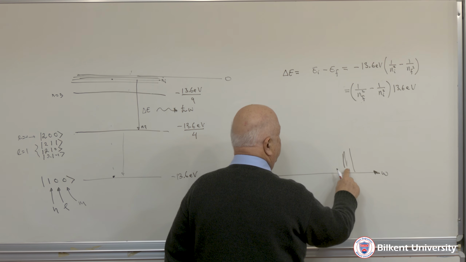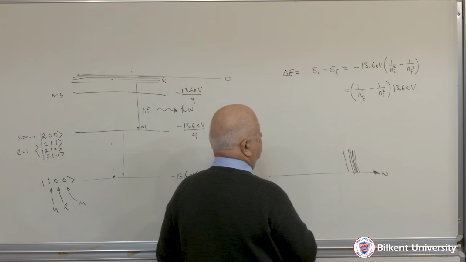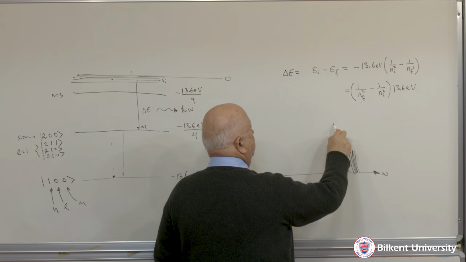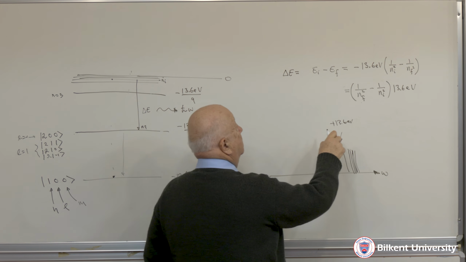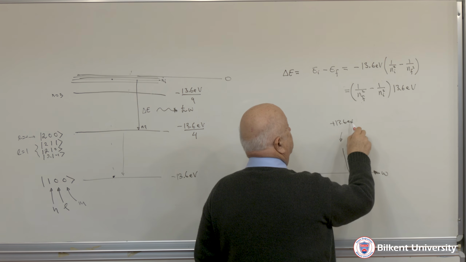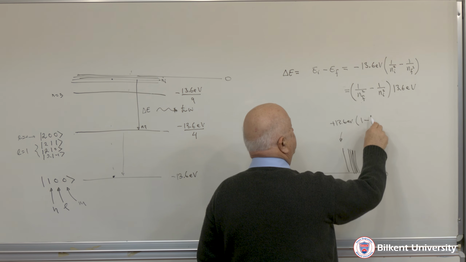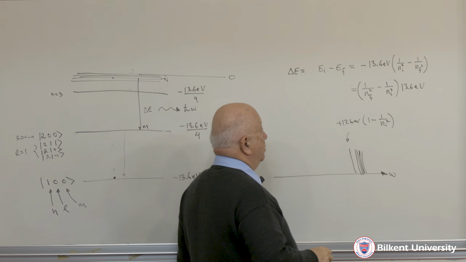Let me try to be more accurate. They are going to accumulate to larger and larger values. So this is going to be 13.6 electron volts times, the bigger one, 1 minus 1 over n_i squared.